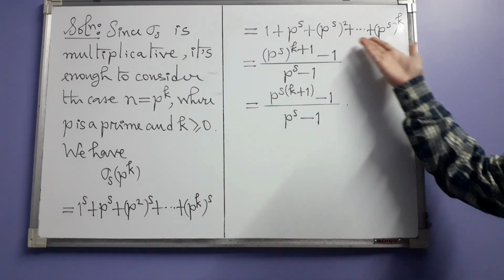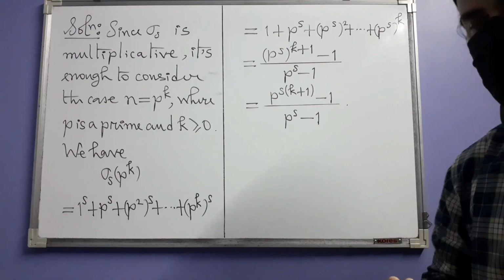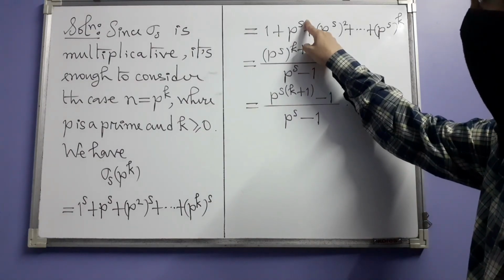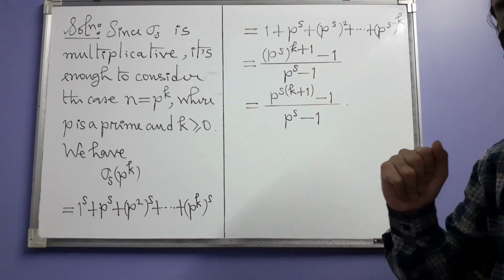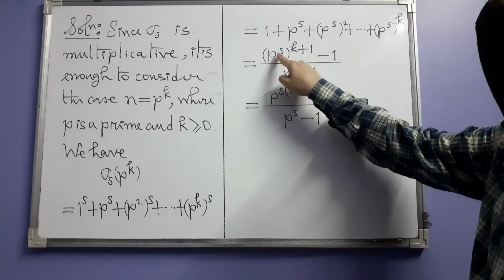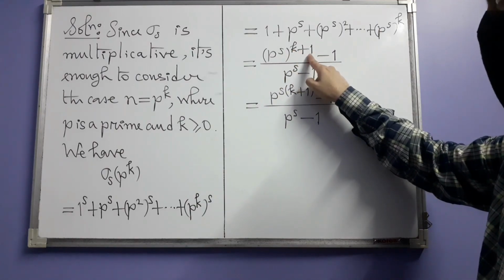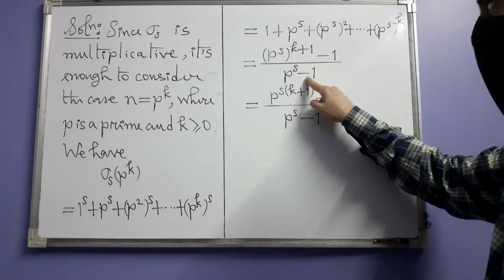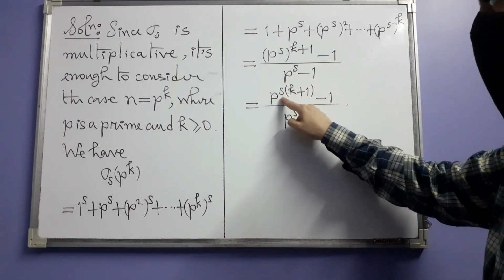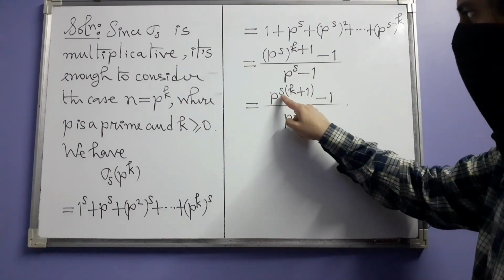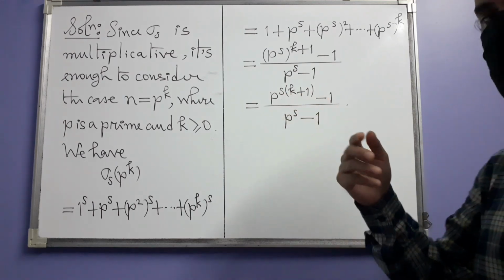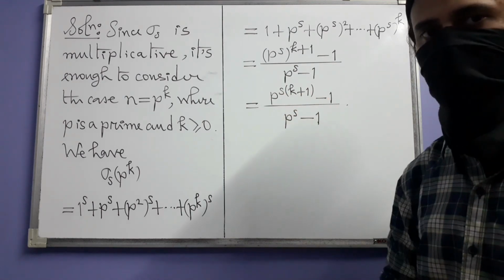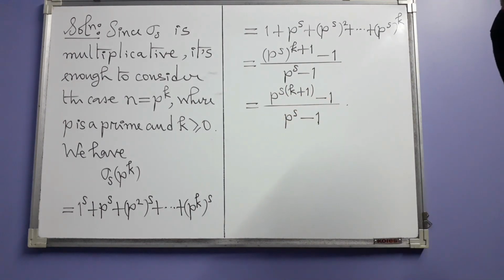And then it is a finite geometric series whose common ratio is p to the power s, so you know what its sum is. The common ratio to the power k plus 1, because it ends with k, minus 1, divided by common ratio minus 1. So again, once more you apply that rule of exponents. So you get p to the power s times k plus 1, minus 1, divided by p to the power s minus 1. And that's it.